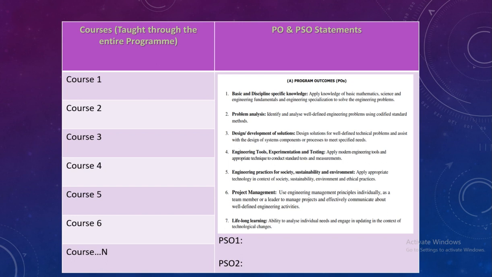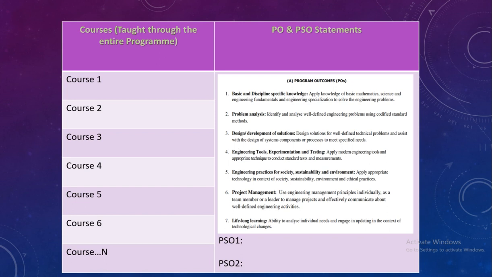As we have already known, the PO statements have already been prescribed by the NBA authorities. There are 7 PO or program outcome statements defined by the NBA for the diploma level programs. And for the PSO statements, 2 or 3 statements are to be formulated by the concerned program people.